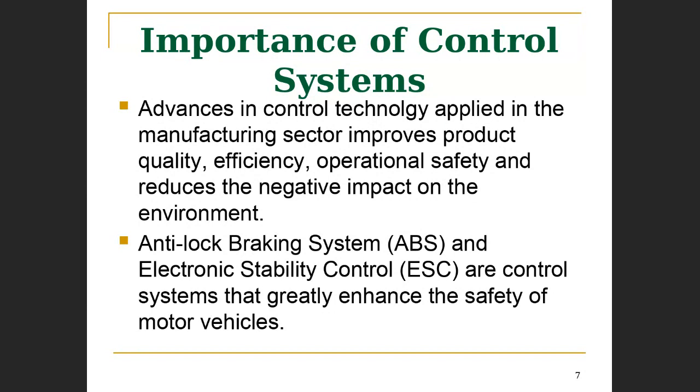Operational safety, tremendous improvement we have seen there. In cases where we have a very hazardous work environment, we now have robots working in those areas. All right, so we have now removed the human interaction from those areas and replaced them with machines.